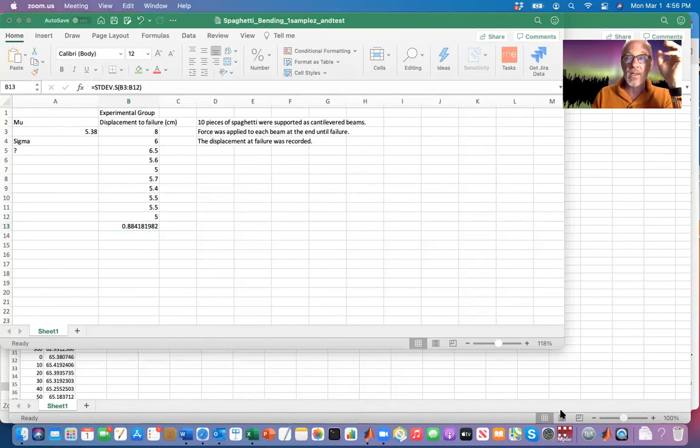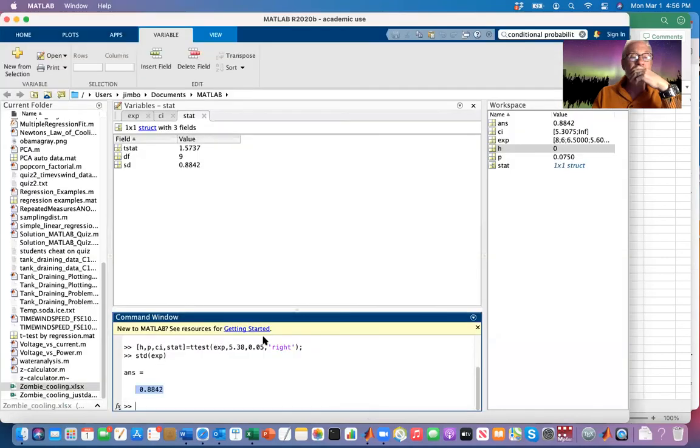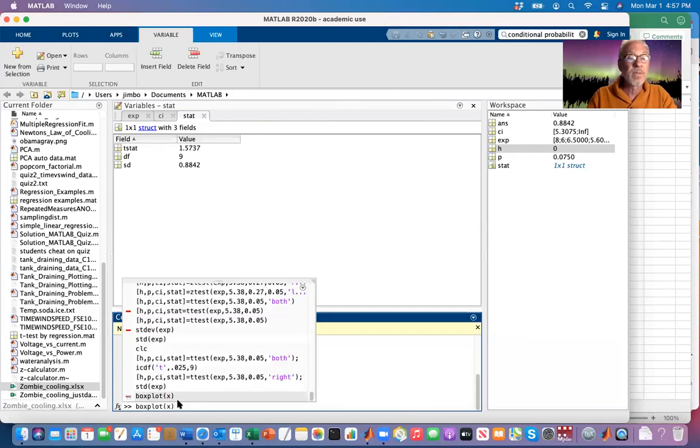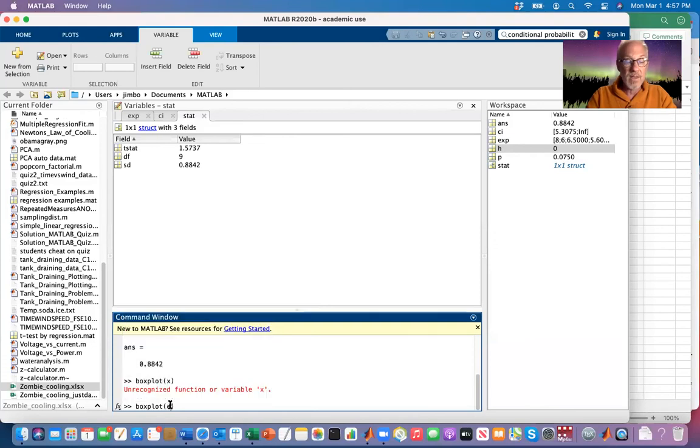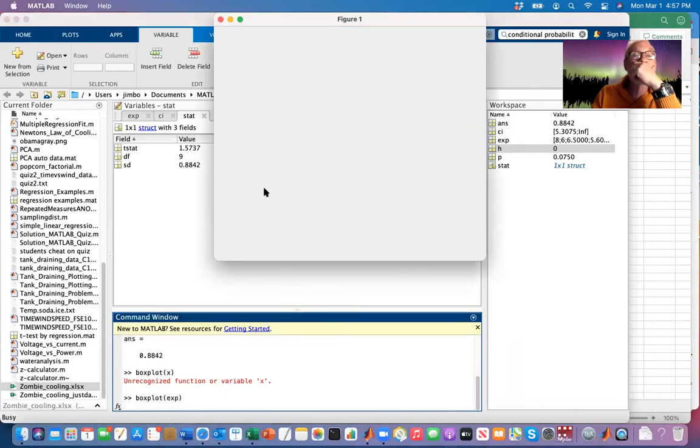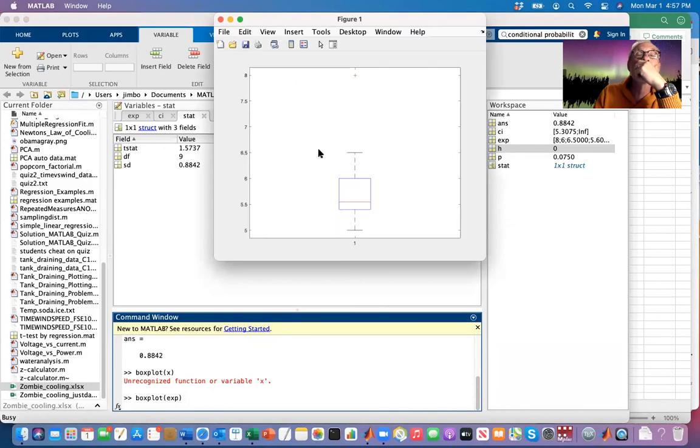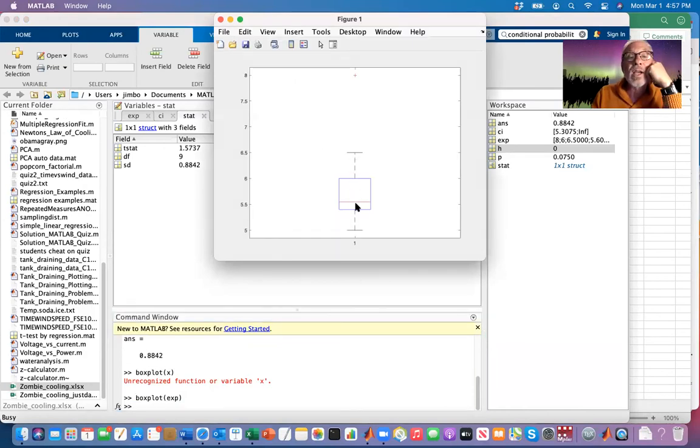T-test, Z-test, I think that's it. Wow, that's easy. Oh, there's a couple other things that we could do. Obviously we can do a histogram, or we can do a box plot. We can take a look at the box plot here and see where is 5.38.